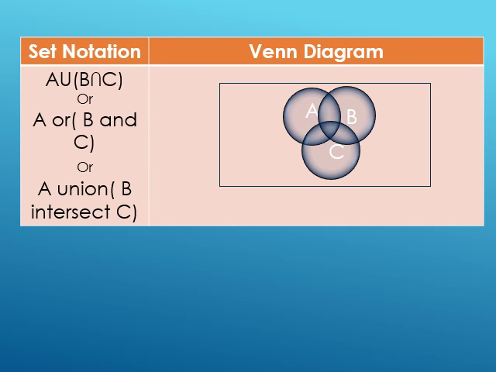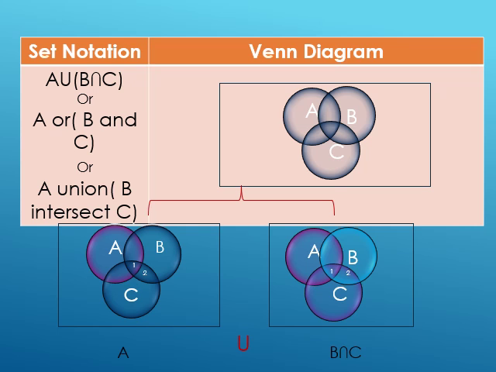Next set notation is A union bracket B intersection C. So it's complicated to draw. So divide this diagram in two sections so that we can understand it very easily. First, we sketch the diagram for set A. So here, draw the lines on this set or draw shade on this.